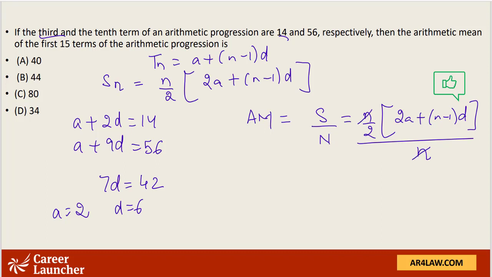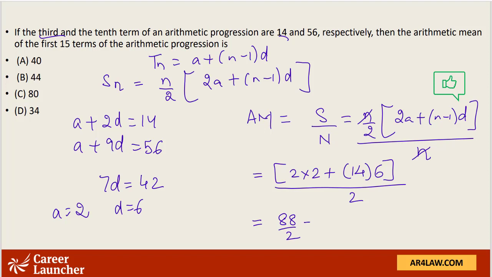And here we have found out that a happens to be 2, n is 15, so we'll get 14 inside the bracket, d came out to be 6, and this has to be divided by 2, so this came out as 88 by 2, which is 44. This is a very doable question, provided you have the basic knowledge of series.